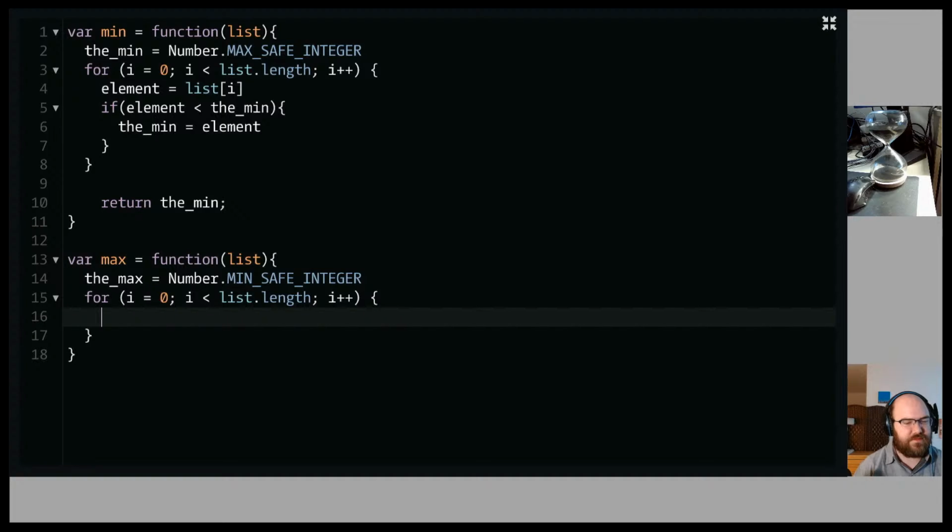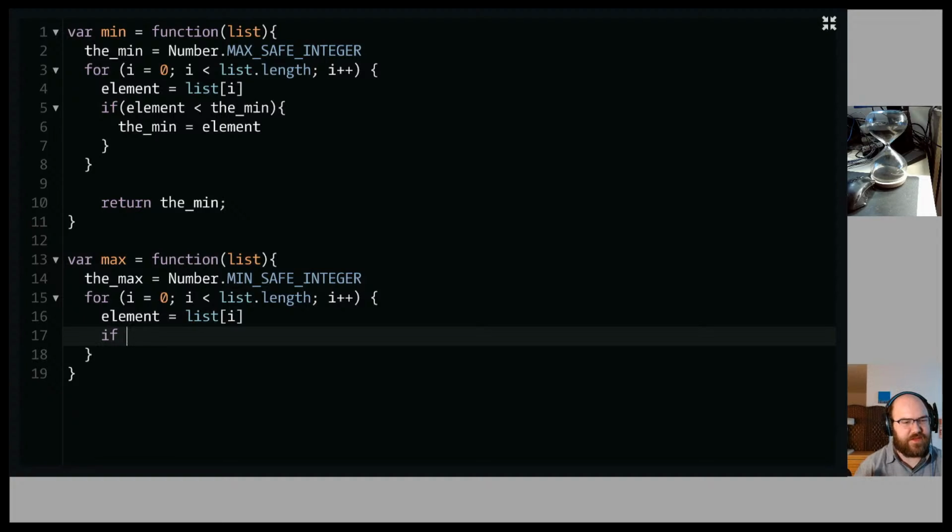Now we pull element out of the list using element equals list at index I, and we do a condition: if element is greater than the max.